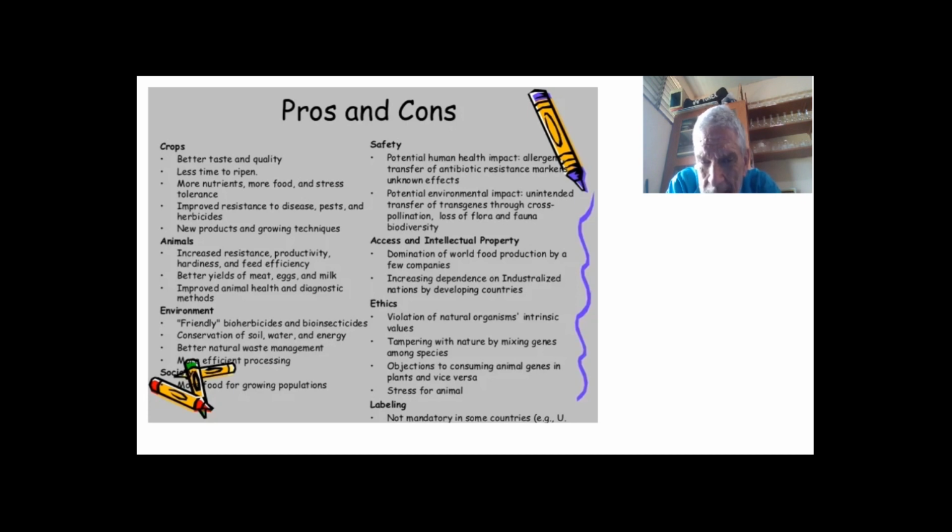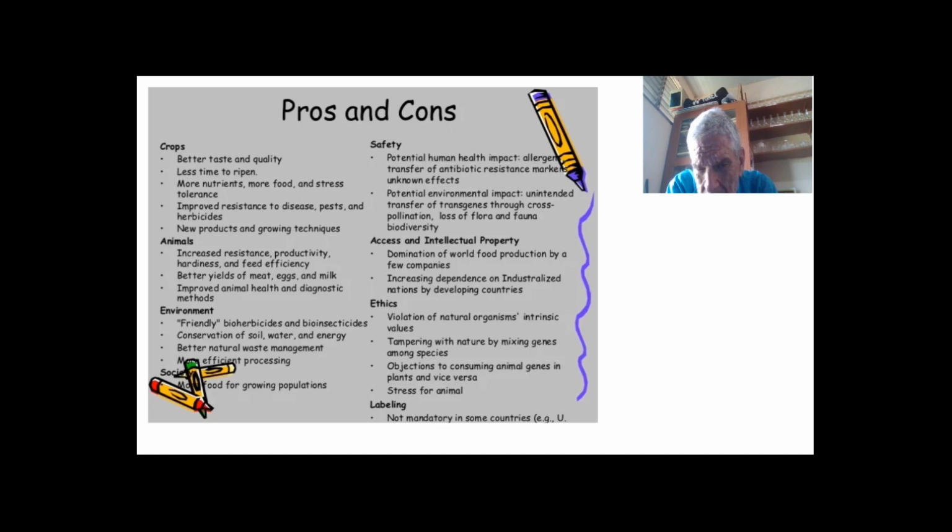Some companies will try and control food production because all the genetically modified crops come from them. And this will lead to an increased dependence on industrialized nations by developing countries. So that's another con related to environmental, genetic engineering.